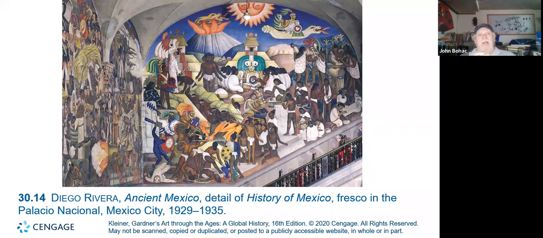And he was commissioned to paint murals in the US too, not just in Mexico, and stirred up quite a controversy when he was commissioned to paint a mural in the Rockefeller building, Rockefeller Center, there in New York, paid for and erected by Rockefellers, who were the prime capitalists.